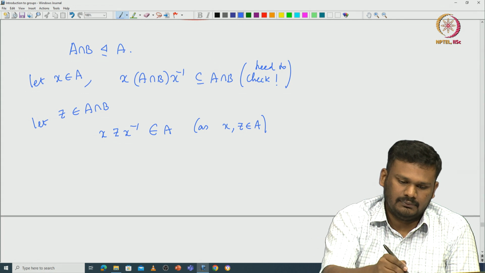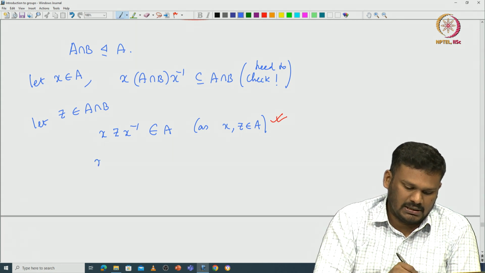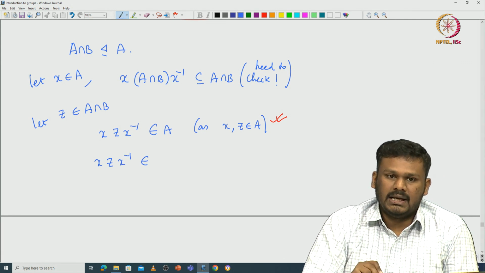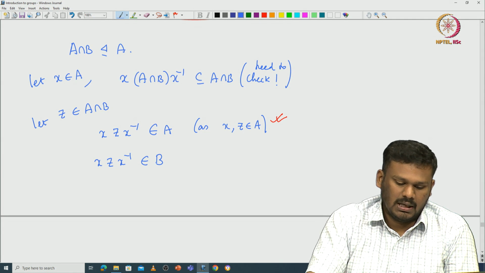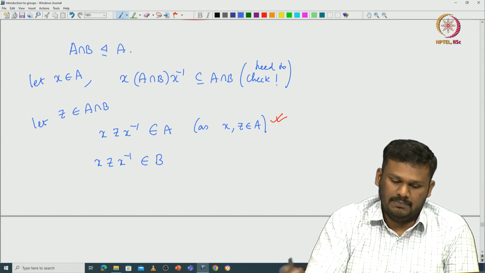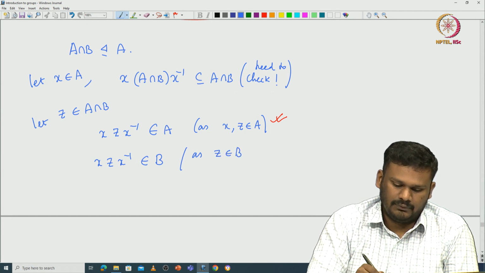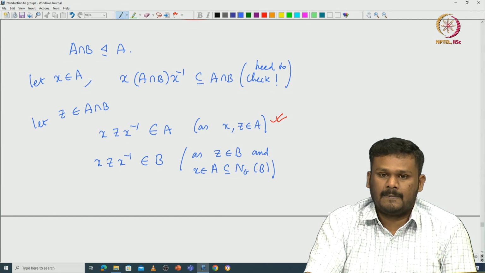So, this is fine, no issue. So, now what about xzx inverse being in B? Note that z is coming from B and A is a subset of the normalizer. So, that forces this element to be in B, as z is coming from B and x is in A, which is in the normalizer of B. So, this is again by definition.